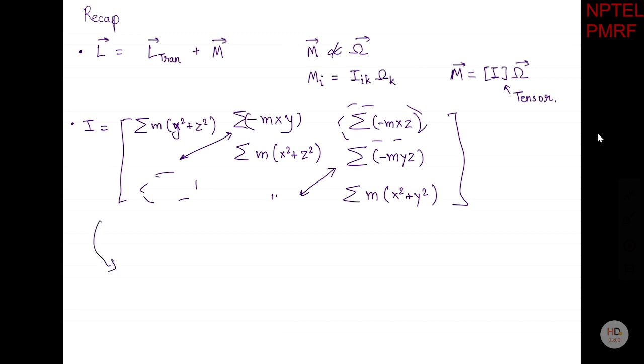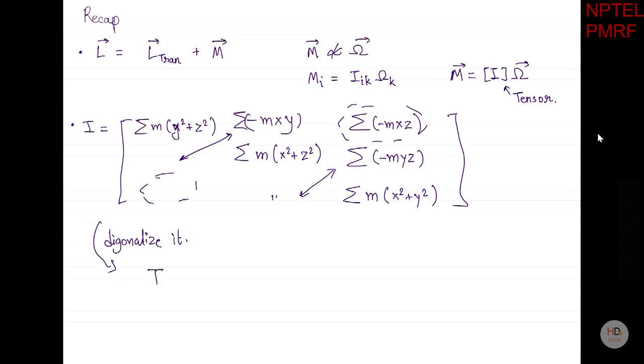So when you diagonalize it, we have a tensor that has only I1, I2 and I3.